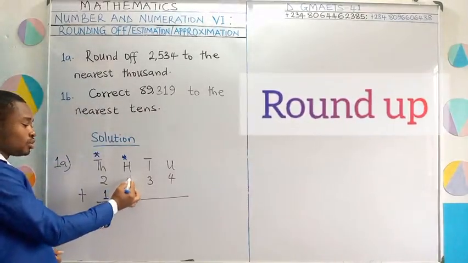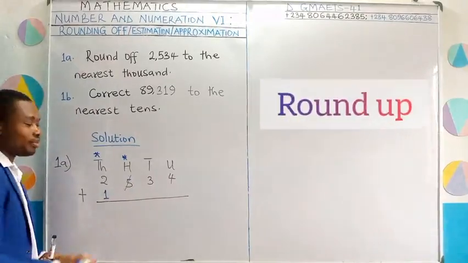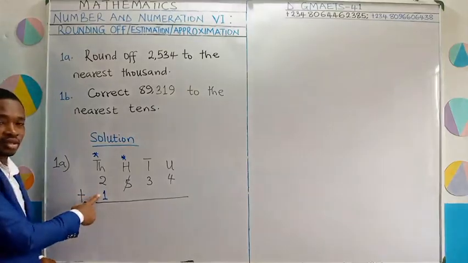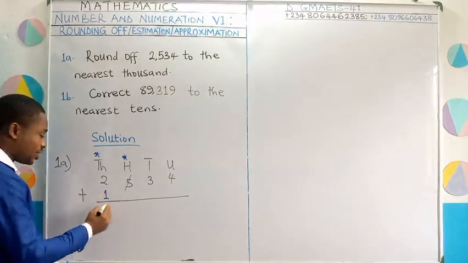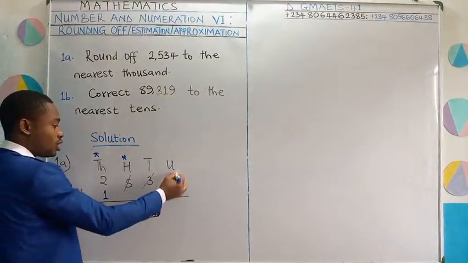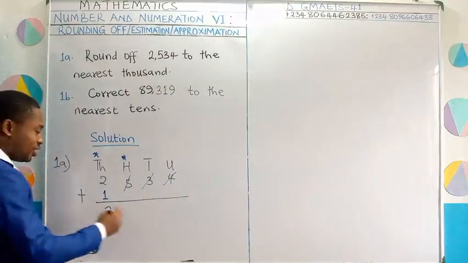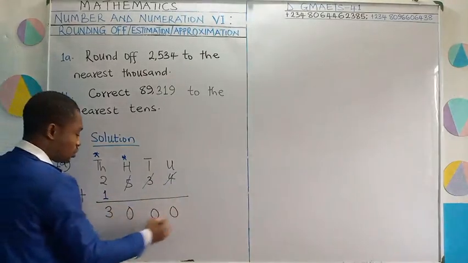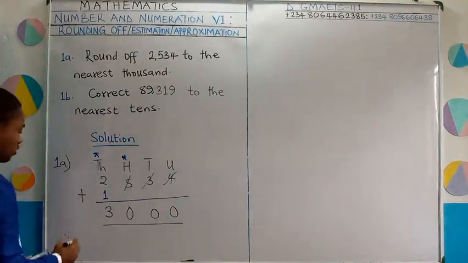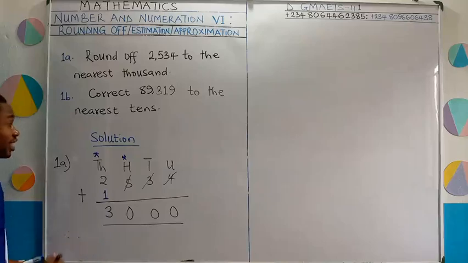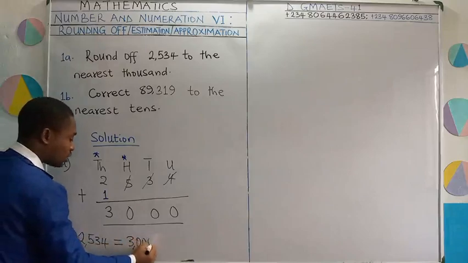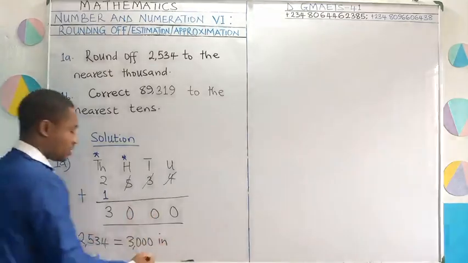This will reduce to 0. You know that. So let me just cancel it off. And so my answer is going to be 2 plus 1. And 2 plus 1 is going to give me 3. Of course, this one also we go down to 0. This one also we go down to 0. And so I'll have 0, 0, 0. This is the answer. Conclusion, therefore, 2,534 is equal to 3,000 in the nearest thousand.